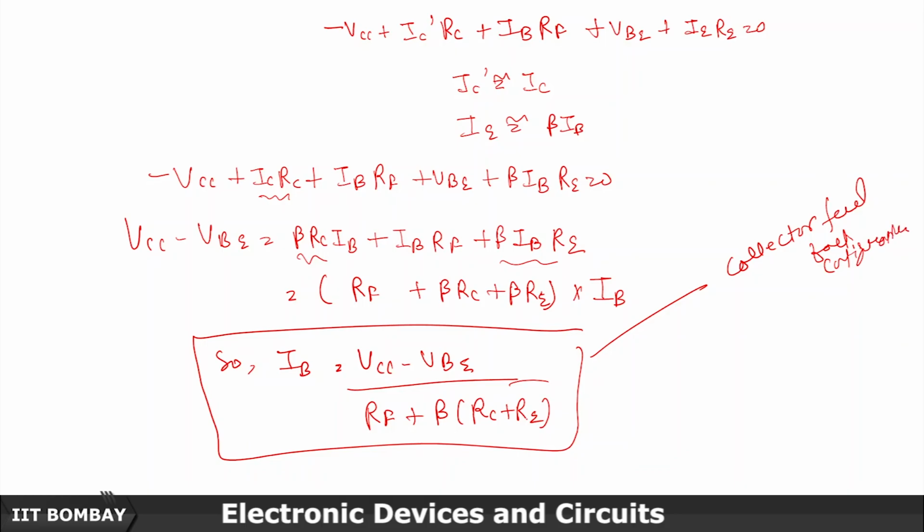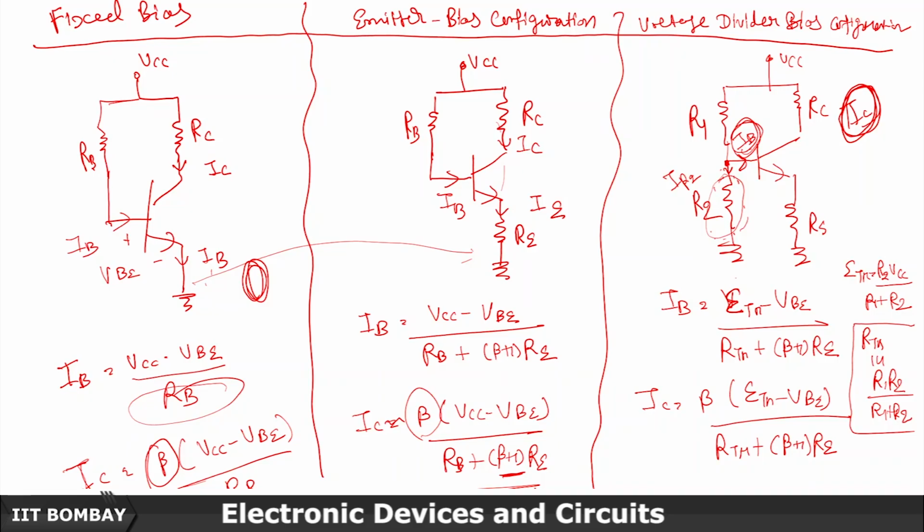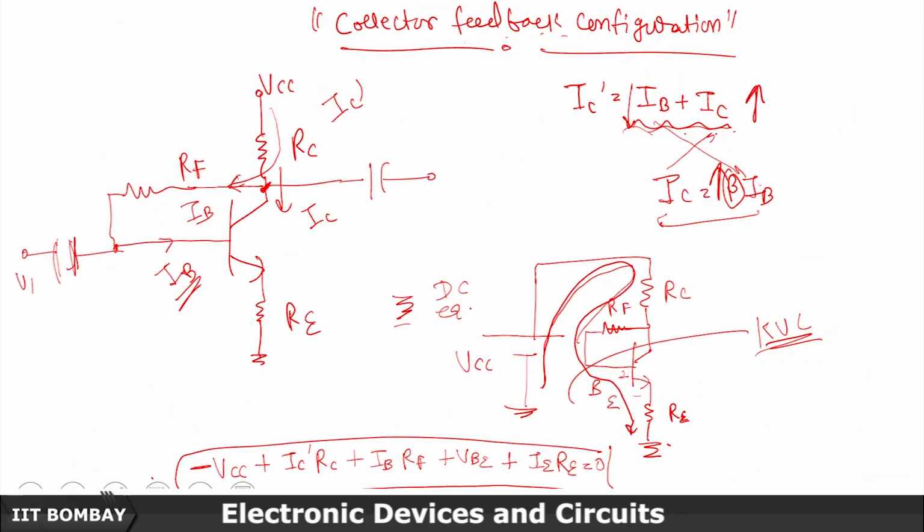Which is more or less similar to the others. If you see what we derived for the voltage divider, it was VTH minus VBE divided by RTH plus beta plus 1 RE. Let me just show you. This is what we got, and more or less this was similar for the emitter bias.